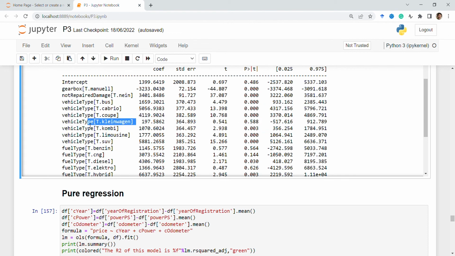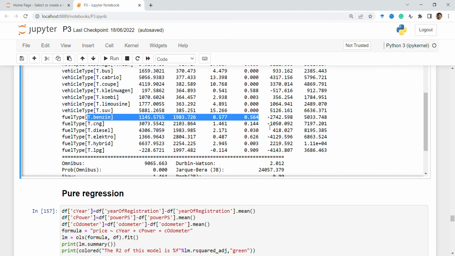For instance, the small cars don't have a significant effect on the model because they serve as a baseline. And the same here, the normal gas cars, but then all the others, most of them have an effect, although not too strong probably.